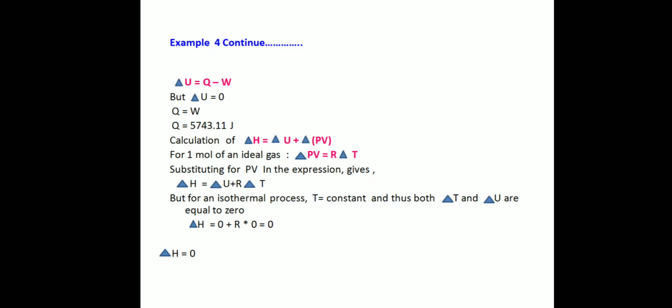Now how to calculate delta H? As we know that H is nothing but the enthalpy and delta H means change in enthalpy. So the basic equation for the change in enthalpy is delta H equal to delta U plus delta PV.